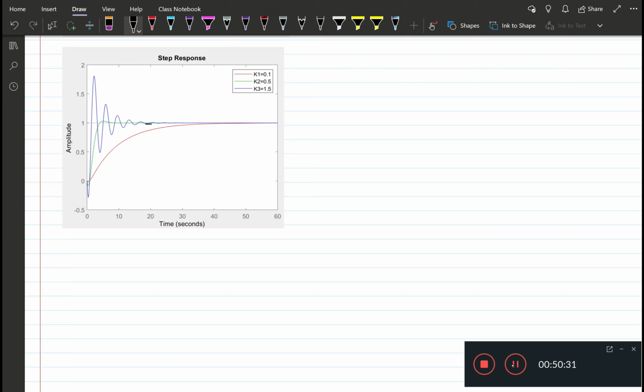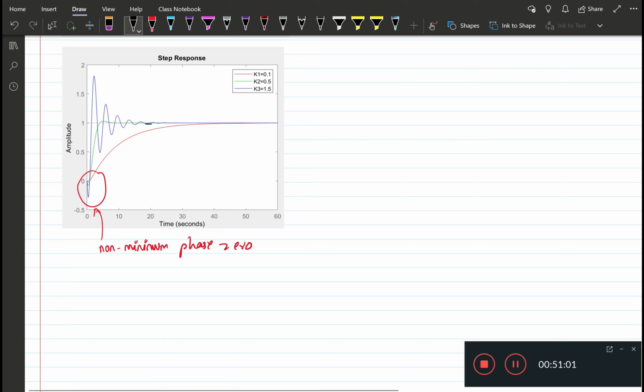One peculiar thing that you see here is an undershoot, and this is because of the non-minimum phase zero. That's a telltale sign. If you see a step response with an undershoot, that's a sign of zeros on the right half plane.